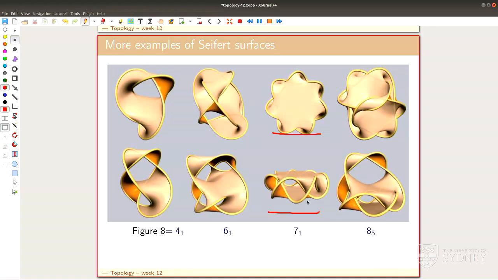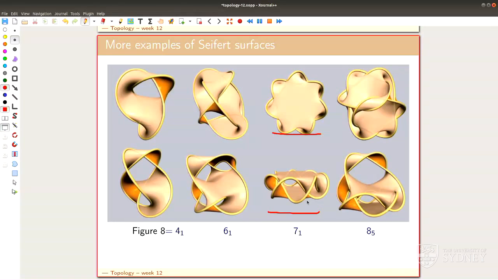And if you would again build this out of wire and use soap, you get one of those beautiful little pictures here. For the various crossings, the numbering for the knots here is in the knot table. So the figure 8 is the only knot with 4 crossings, so it's 4 crossings, knot number 1; 6 crossings, knot number 1; 7 crossings, knot number 1; 8 crossings, knot number 5.